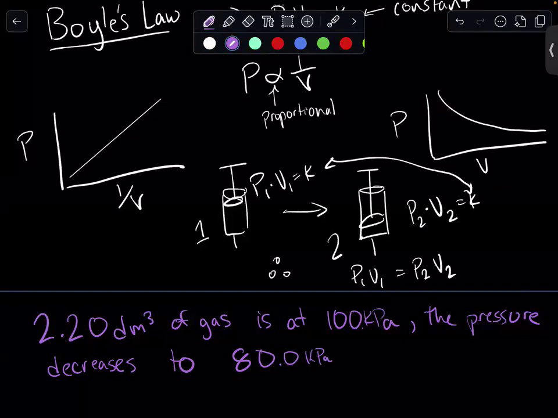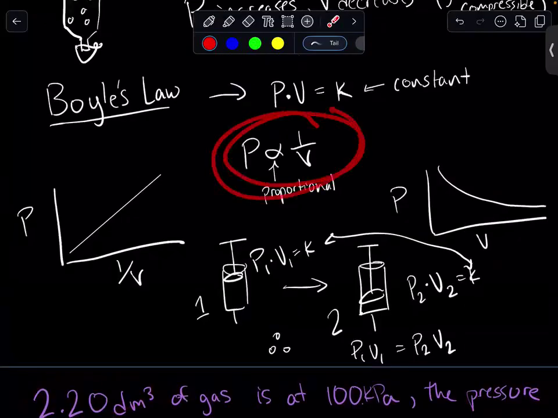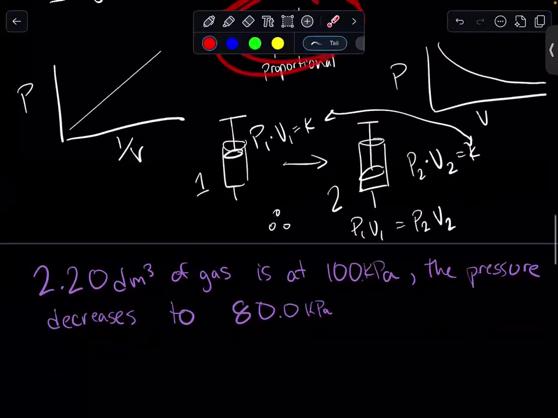So already we see that the pressure is decreasing. So we know that our volume must increase because these are inversely proportional. So when we plug this in, we should find that our new volume has increased.